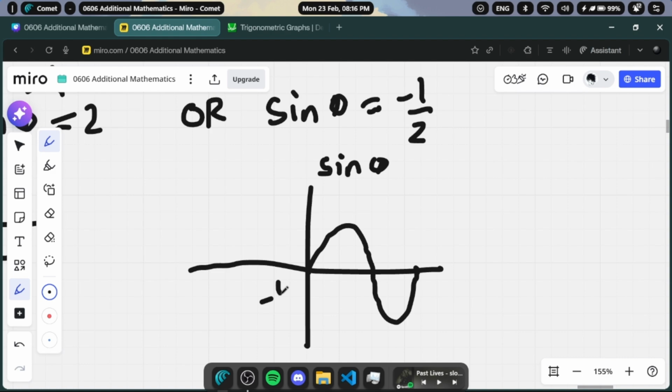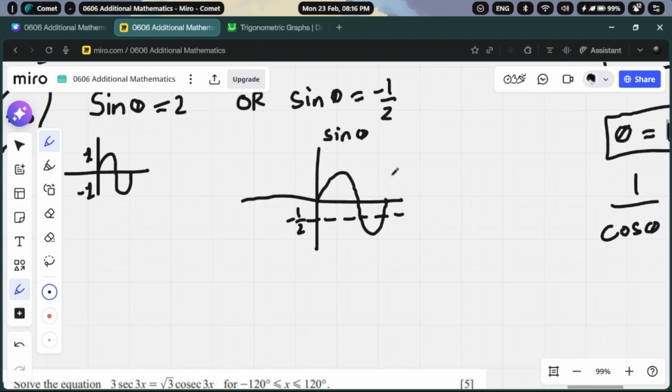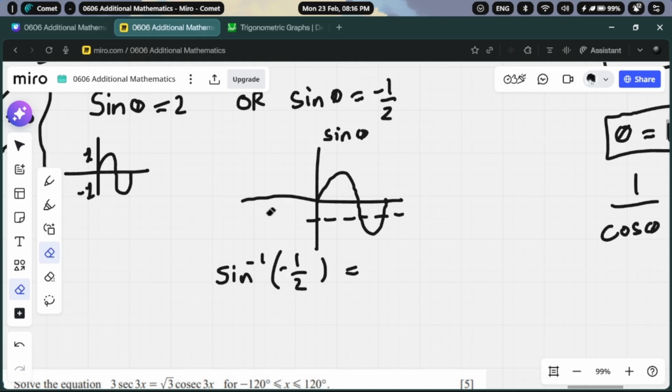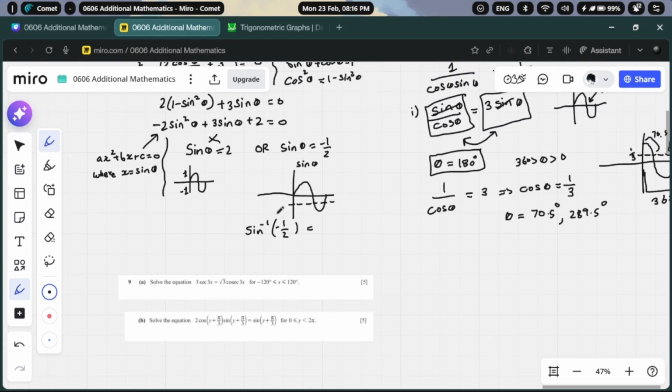Minus 1 over 2 would be approximately over here. So you get two values. So let's just do sine inverse of minus 1 over 2, which would be minus 330 degrees. So what should I do when I end up with a negative value?